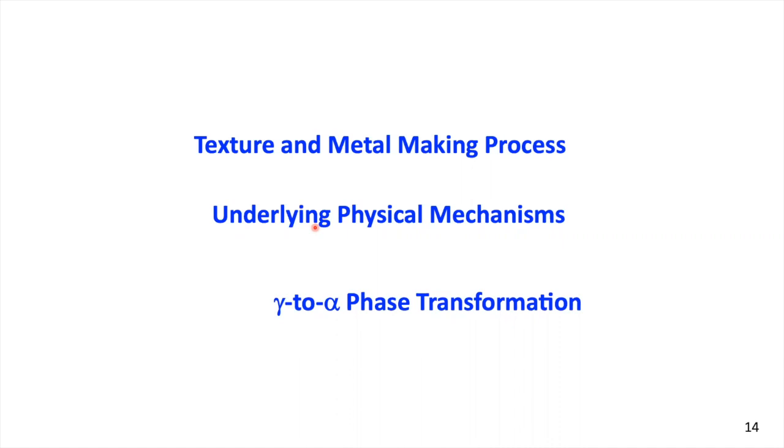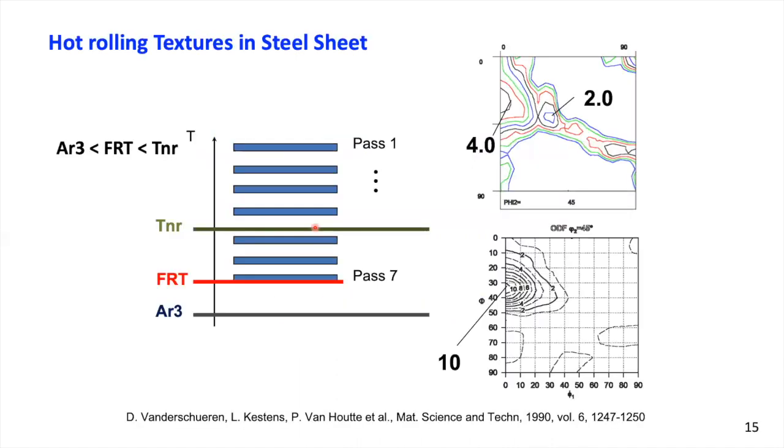And in steel, of course, we have a wonderful tool. That is the gamma to alpha phase transformation, which is a very powerful solid state transformation to control the microstructure and also the texture.